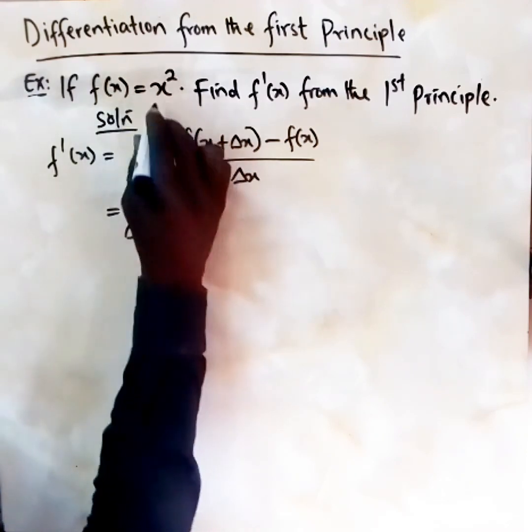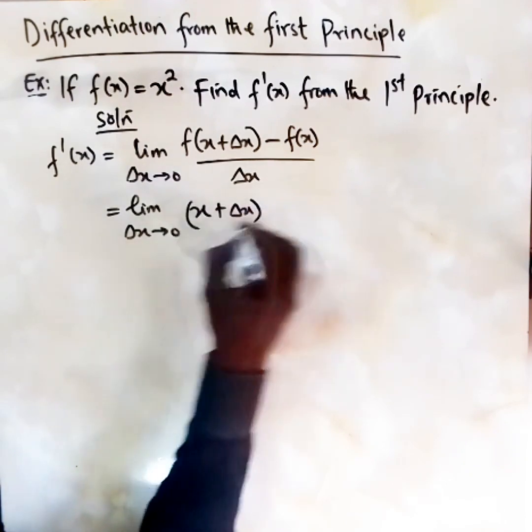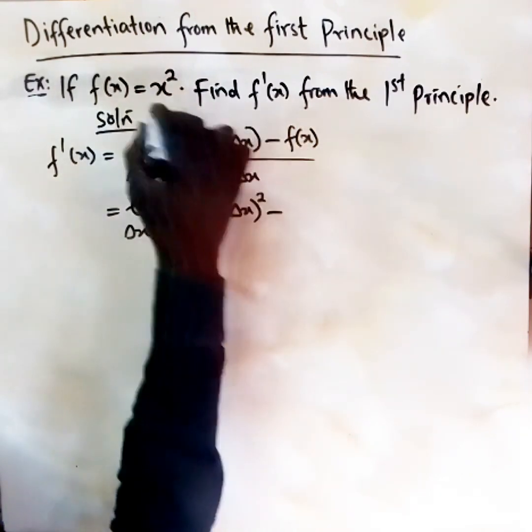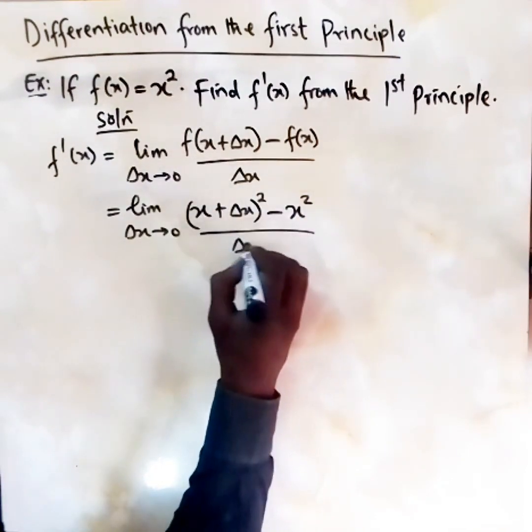So this is equal to the limit as delta x approaches 0 of f of x plus delta x, which is x plus delta x squared, minus f of x, which is x squared, all over delta x.